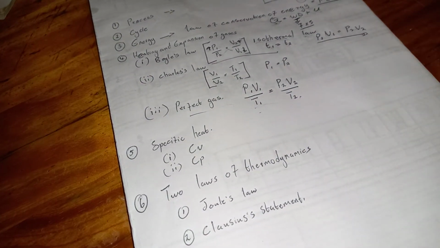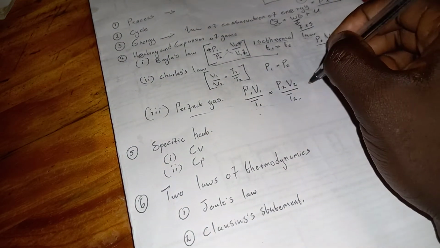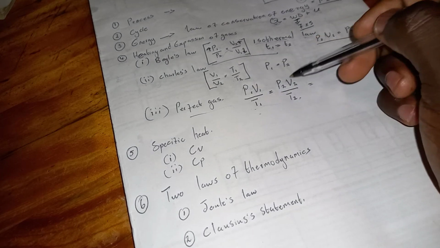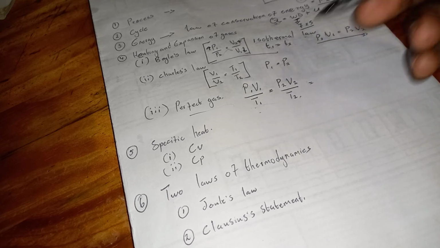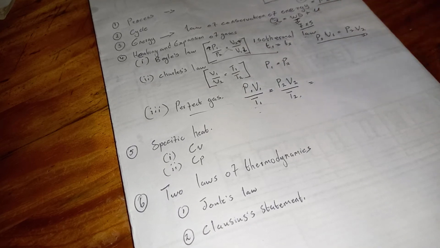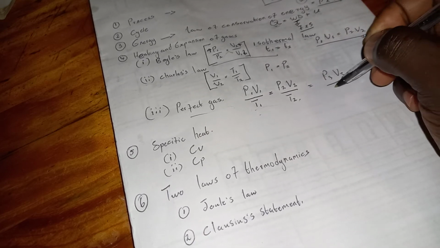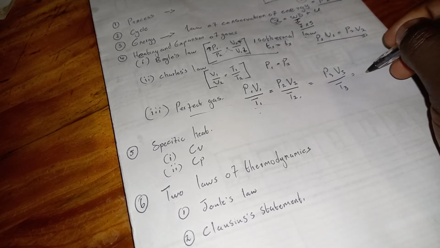And then the perfect gas is where we have a constant, because if we go through a process from 1 to 2, and then continue to 3, maybe 4, this is going to be a constant thing.